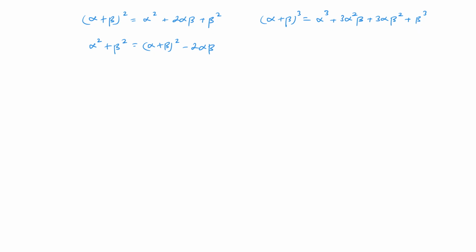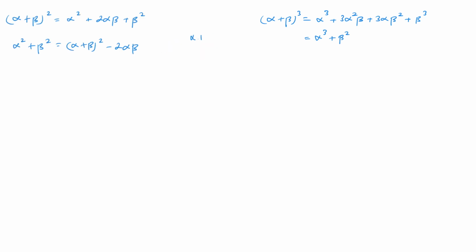Binomial expansion would help you here. So alpha cubed plus beta cubed is what I want to take out of this side. So I want to get rid of effectively these two, don't I? Now I'm just going to make a little bit of room. That's better. So alpha plus beta cubed minus 3 alpha squared beta minus 3 alpha beta squared.